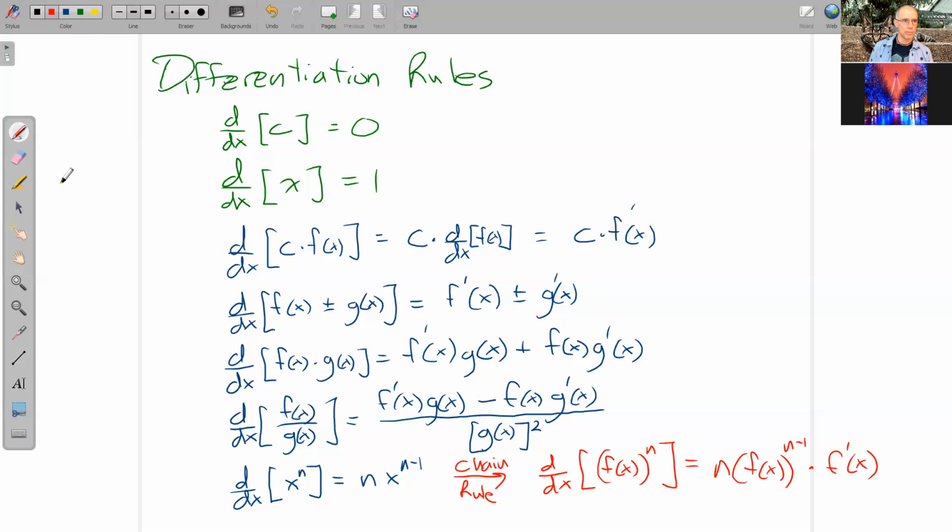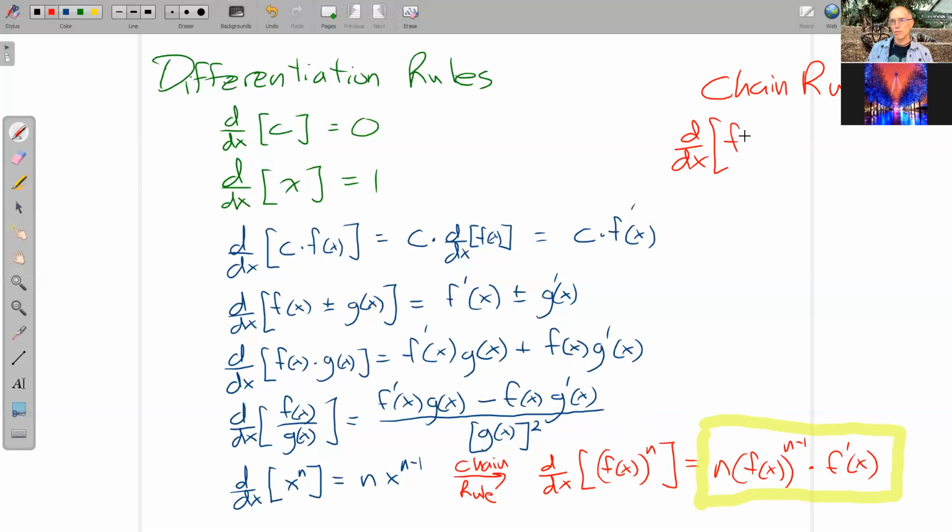This is super helpful, and it's going to apply to that question that was just asked about. So that's a twist on some rules we already know, and the general chain rule, let's put that up here, is: you have an outer function f and an inner function g, so we have the composition of two functions.